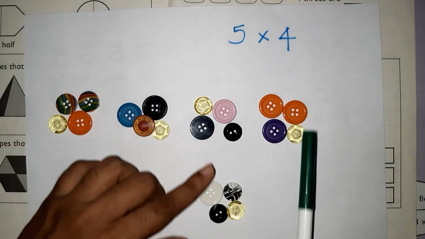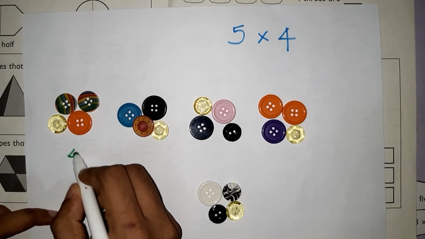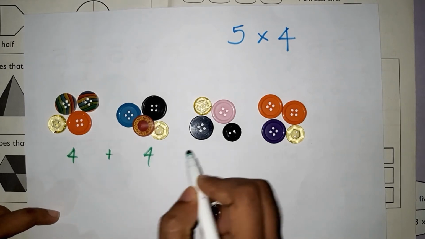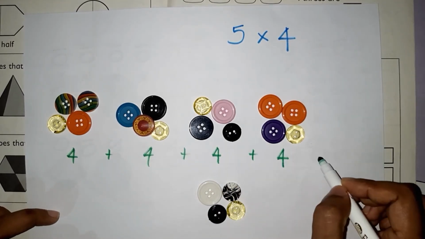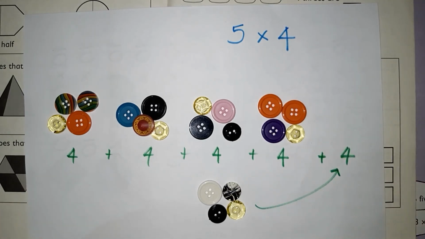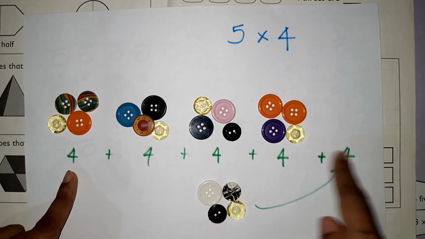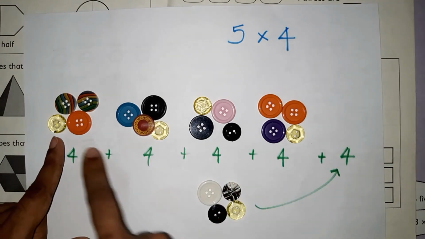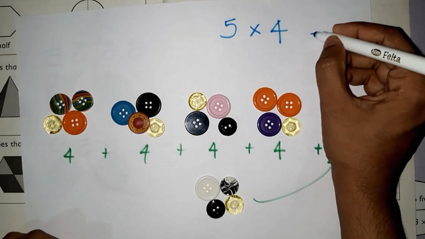Simply count the number of objects or add 4 plus 4 plus 4 plus 4 plus 4. So you can simply add 4 five times or count the number of objects here. So you will have the answer as 20.